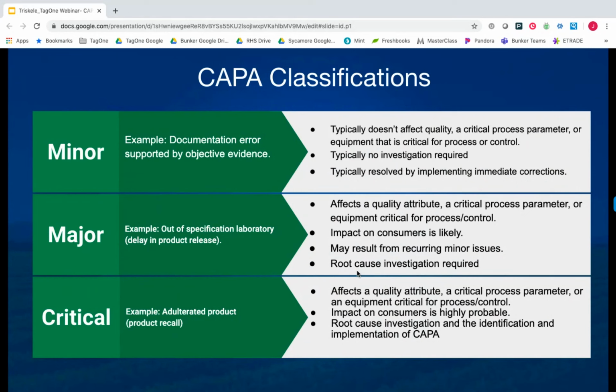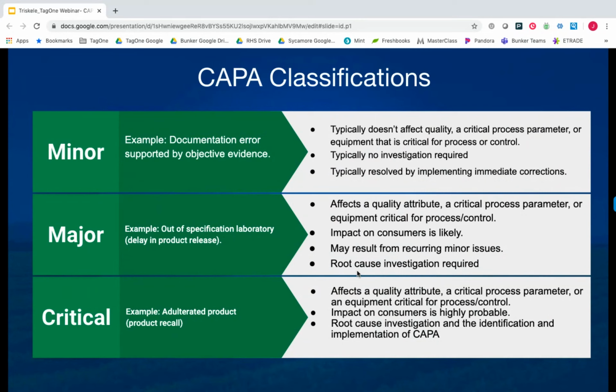It could result from recurring minor issues, and that's where trending your data and evaluating your data is so important. Again, we'll get into that in a few slides. And most times root cause investigation is required with a major CAPA. An example of this, like I said, was an out of specification in your lab, because that's going to prevent you from releasing product.